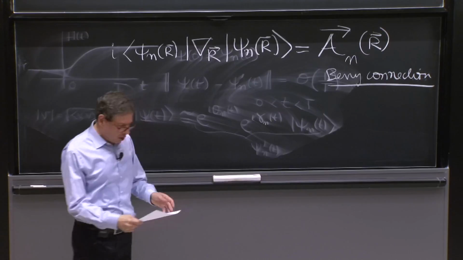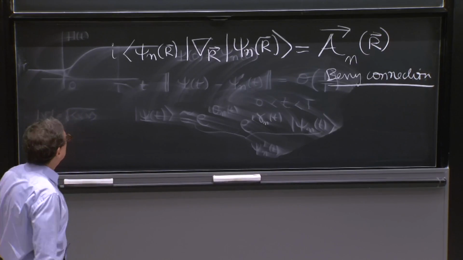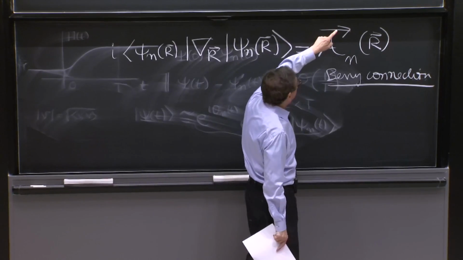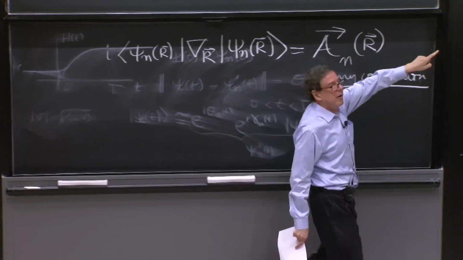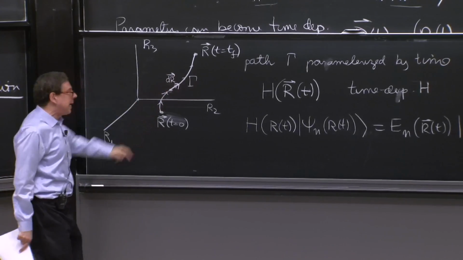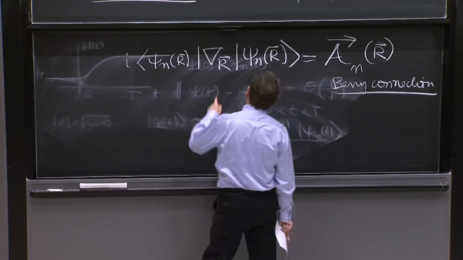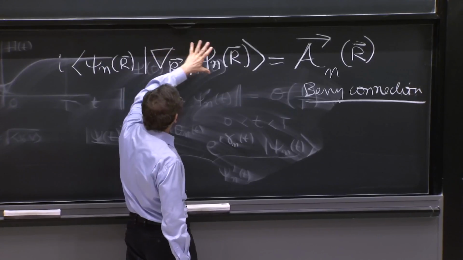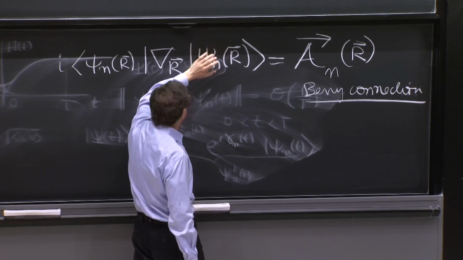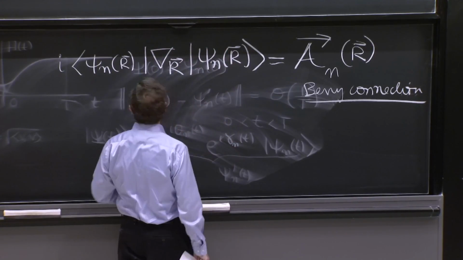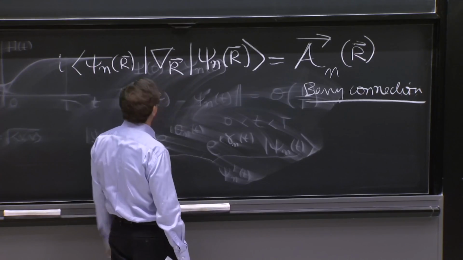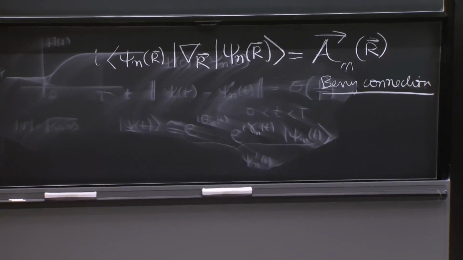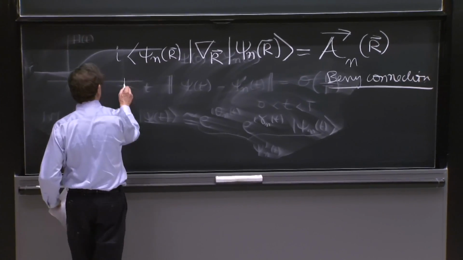Okay, a few things to notice. The Berry connection is like a vector in the configuration space. It has capital N components because this is a gradient, and therefore it produces on this ket n kets, and therefore n numbers because of the bra.